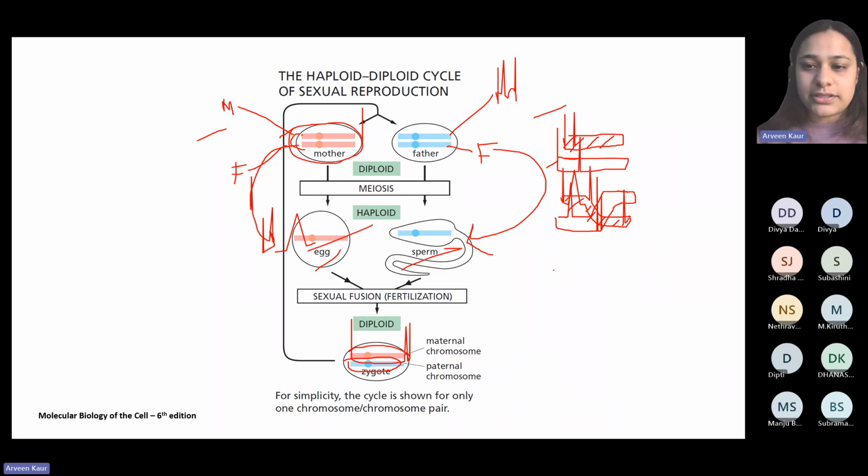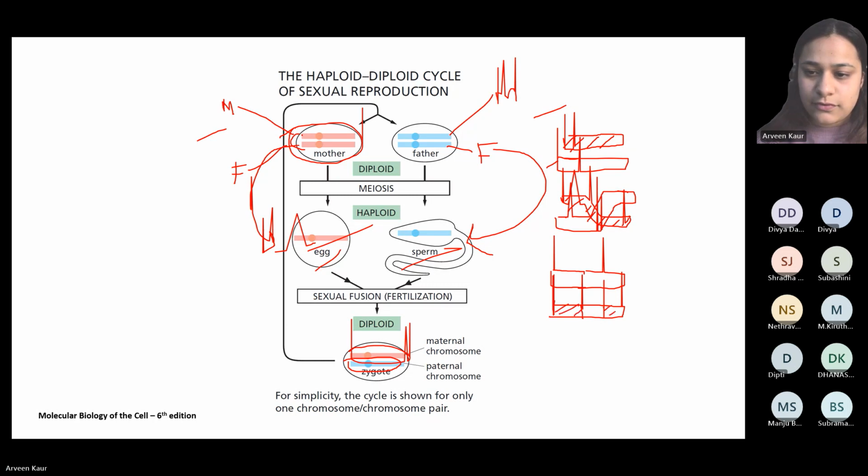So after this, what will I receive? For example, this is one chromosome and this is, suppose, the other chromosome. Now this chromosome was my mother's mother's chromosome and this one was my mother's father's chromosome.